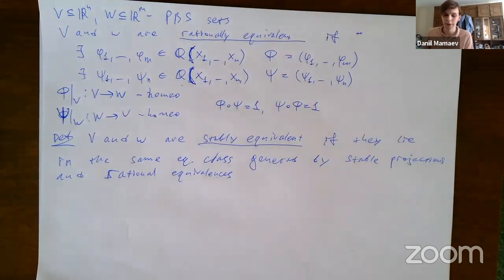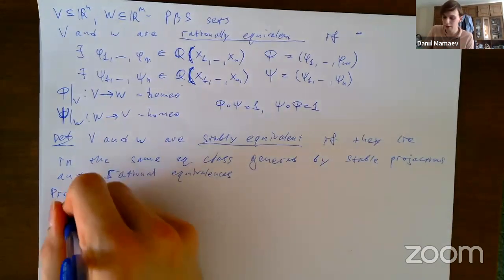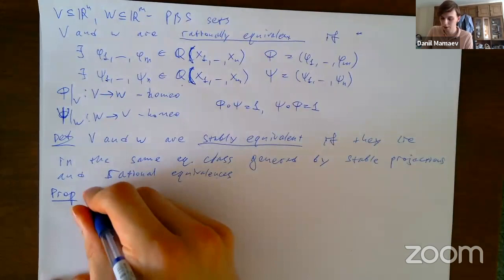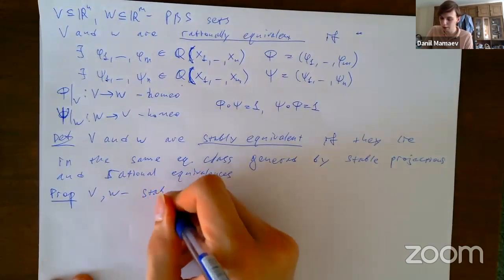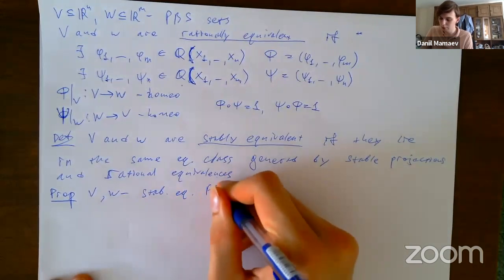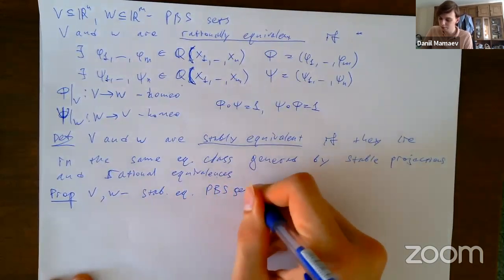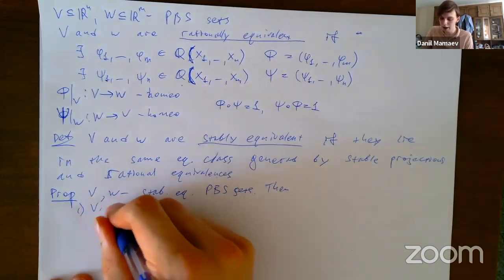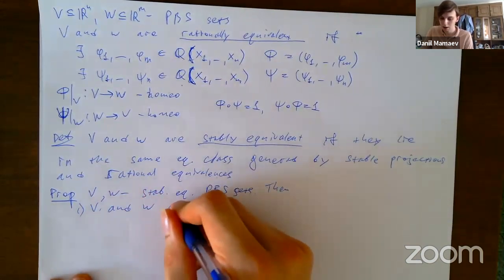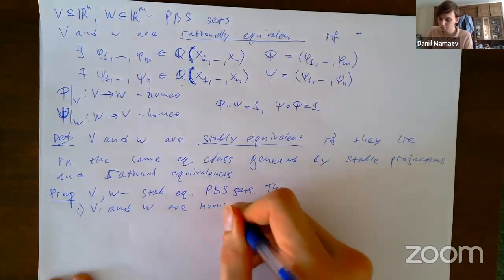The good thing about stable equivalence is that if V and W are stably equivalent primary basic semi-algebraic sets, then first, they are homotopy equivalent.